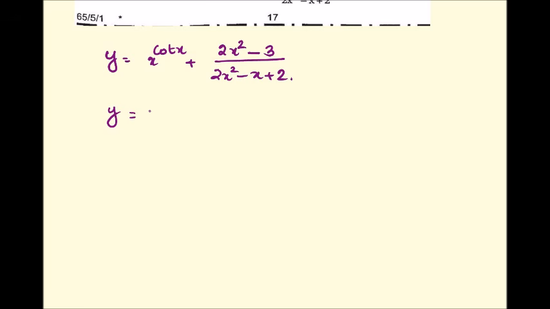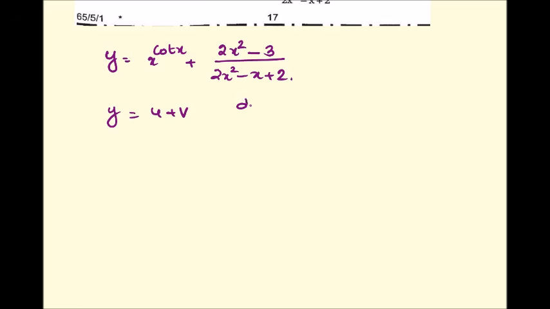So given y is equal to x to the power cot x plus 2x square minus 3 divided by 2x square minus x plus 2. So this is in the form y is equal to u plus v.